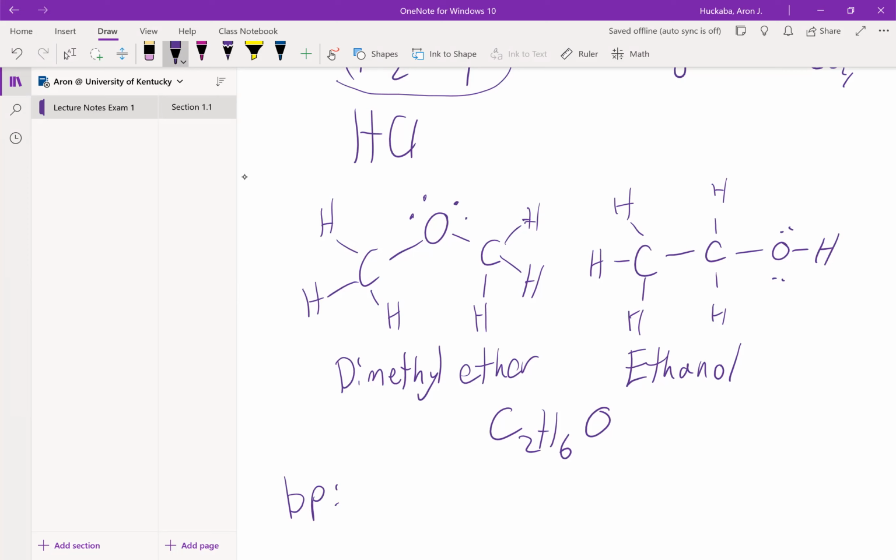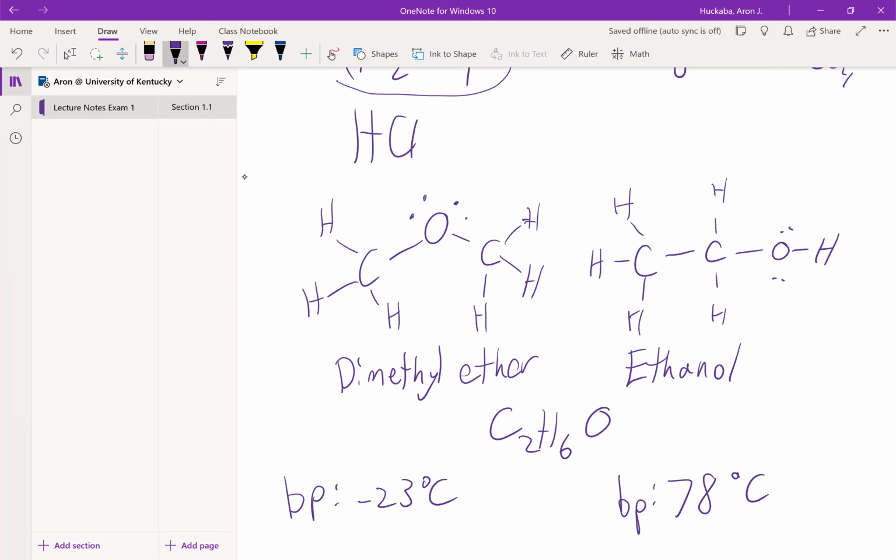In fact, I think your book says it is minus 23 degrees Celsius, meaning it's a gas at room temperature, whereas ethanol's boiling point is around 78 degrees Celsius. So a huge difference depending on the exact molecular structure of these molecules.